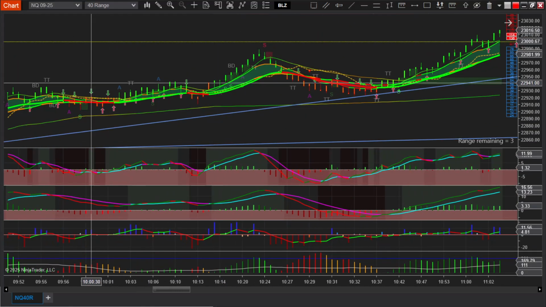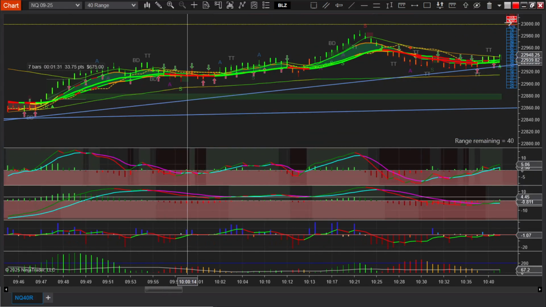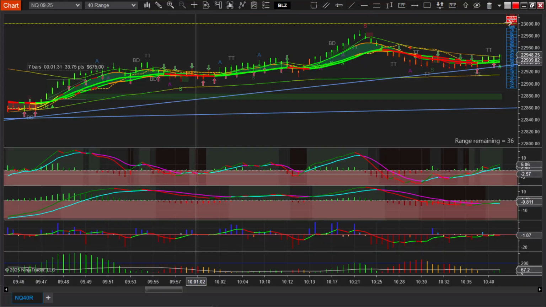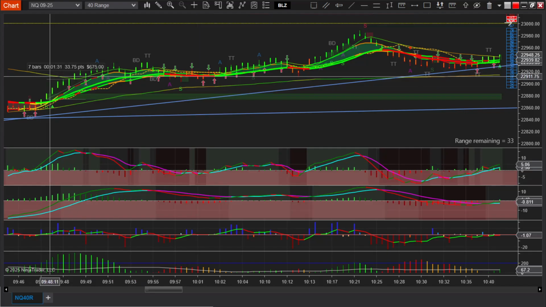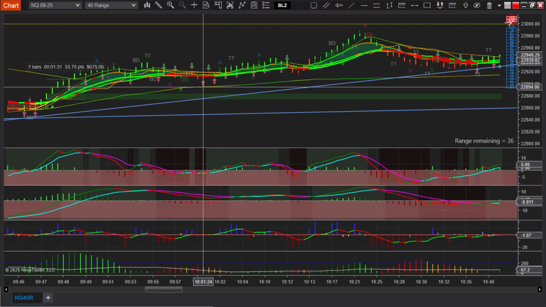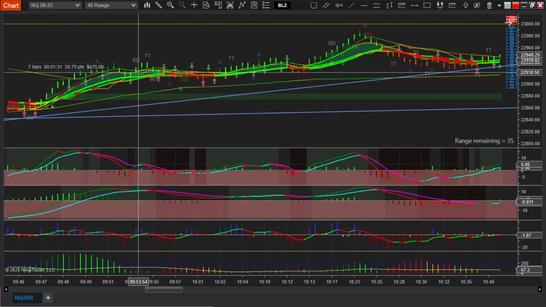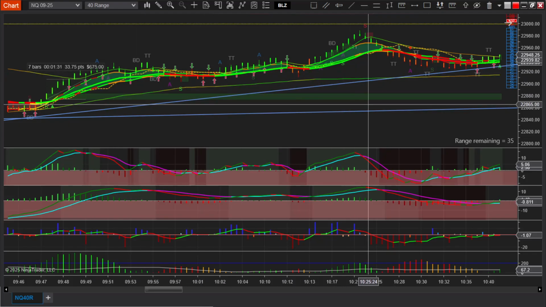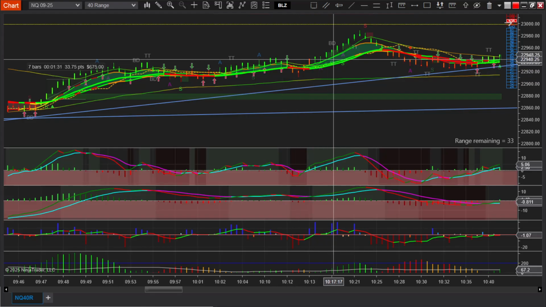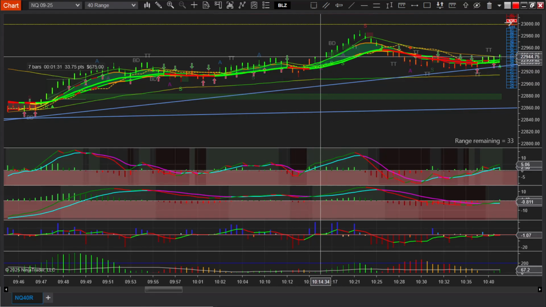Looking here, we're really above this. Even though this is below, we're not really looking for shorts at this point because we just broke the top of the channel. That would mean we're in a range top over here. So we're not really looking for that. We're looking for more of the upside.